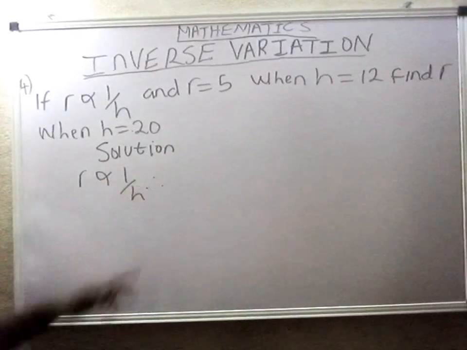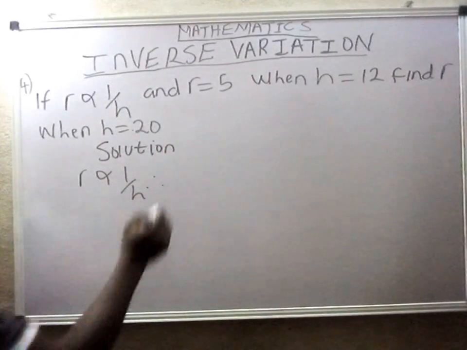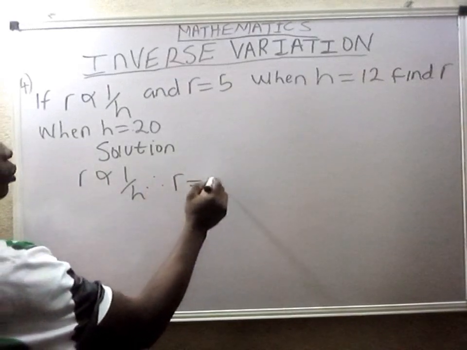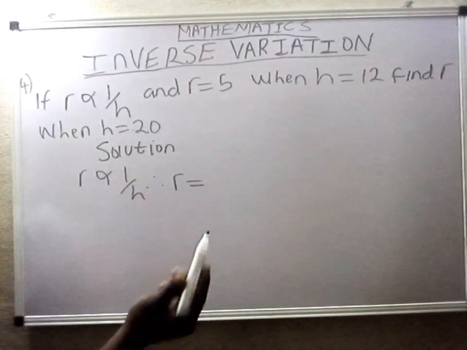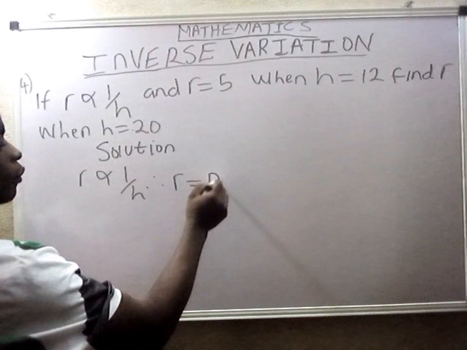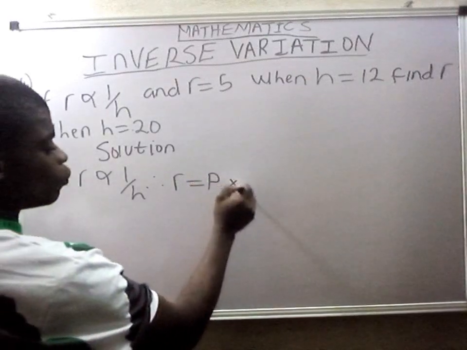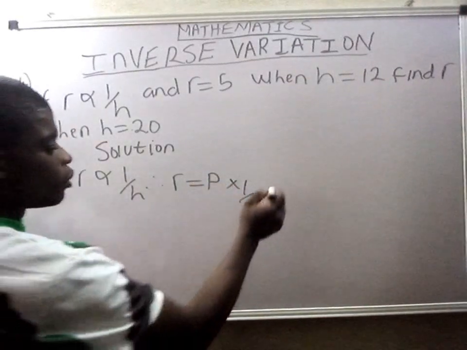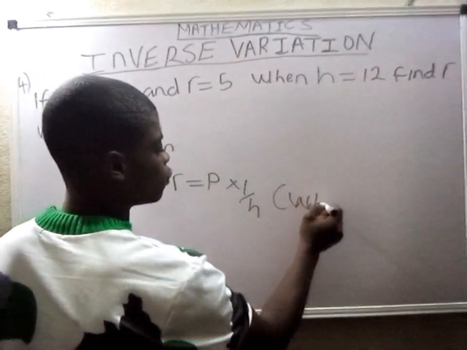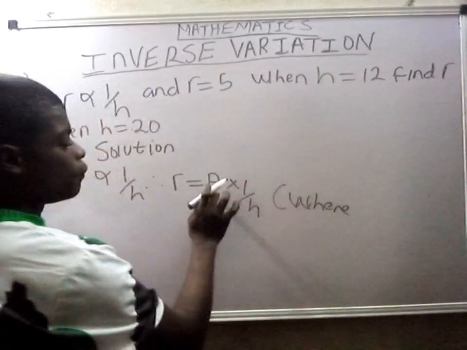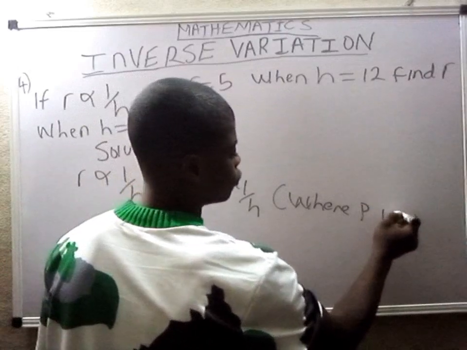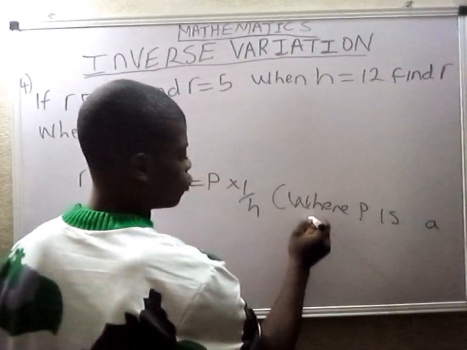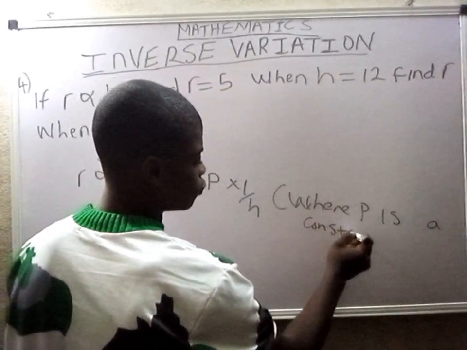Let's introduce a constant so we can put an equality sign. So arrow equals p times 1 over h, where p is a constant.